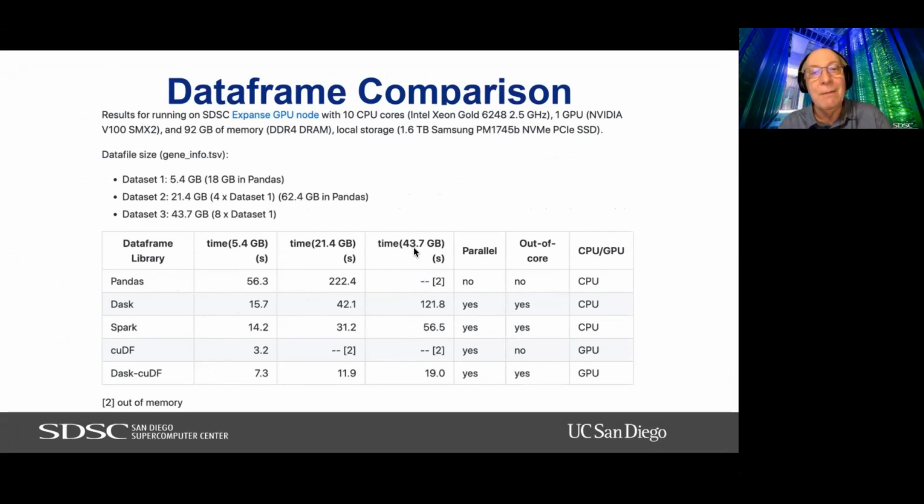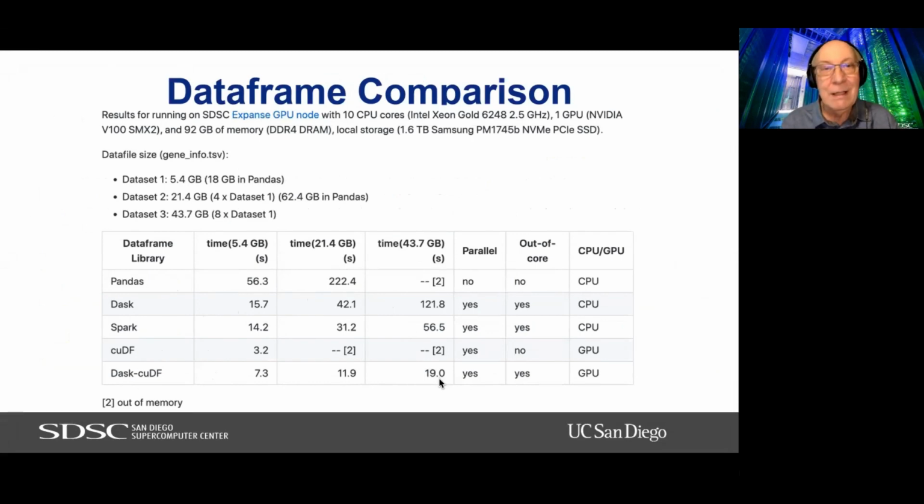Here we have an input file of 43 gigabytes that was too large for pandas to handle. With CUDA-df, this data set ran out of memory. But if you use Dask CUDA-df, it can handle that very efficiently. Here you have a 43 gigabyte file, and you can process that with Dask CUDA-df in 19 seconds. That's pretty amazing to me.